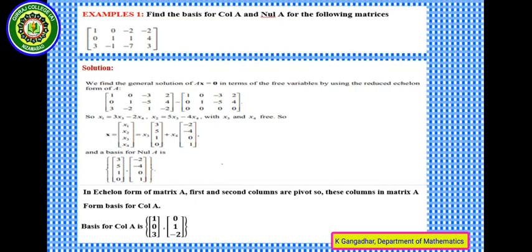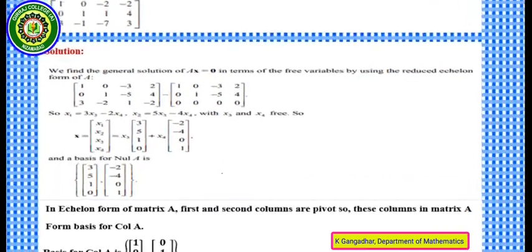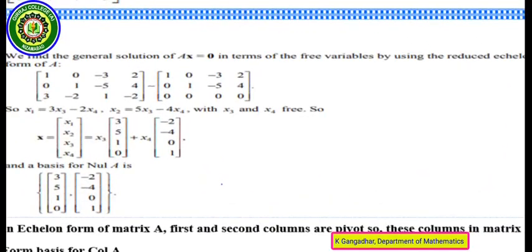So first the matrix is reduced to upper triangular form using row operations. By using row operations, we get the upper triangular form: 1 0 minus 3 2, 0 1 minus 5 4, 0 0 0. Here, in the upper triangular form, the first and second columns are pivot columns.